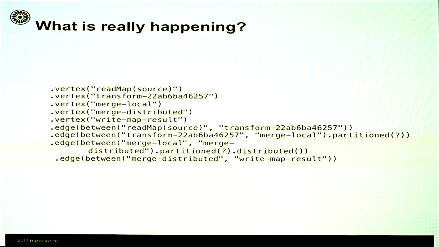And then we link the edges, and as you see, the first merge local is partitioned, which means that on one node, just like we talked about, we can do it on multiple threads, remember? So JET does it on multiple threads. That's why it's called partitioned. So it does the first reduce on multiple threads, but on the local machine. But then the merge distributed again runs on multiple threads, but distributedly, meaning that it combines all the results from all the machines to one place.